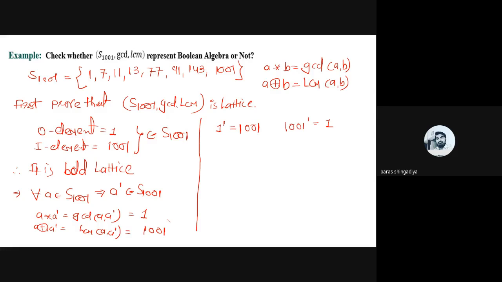Clear, they are complements of each other. So 1 dash is equal to 1001. So reverse क्या होगा? 1001 dash is equal to 1.